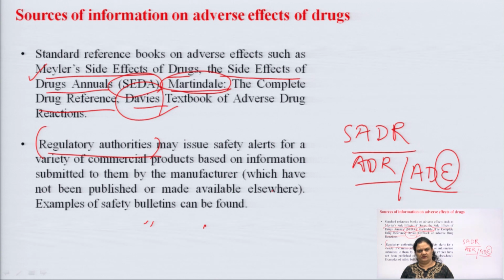Commercial products means those medicaments or substances, prepared formulated products, which are there for human use, based on the information submitted to them. Who will submit this information? The researcher can submit, the sponsors who are doing the clinical trial can collect the adverse drug reaction information and submit it to the regulatory authority, and also the manufacturers.